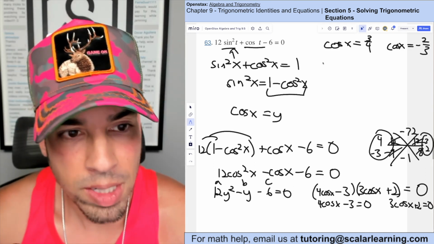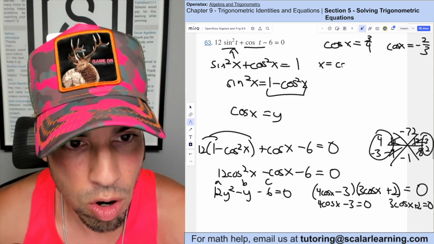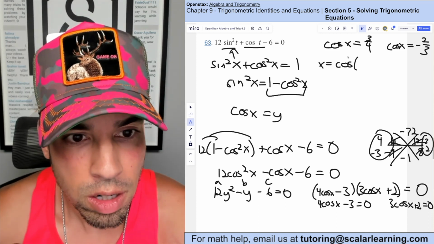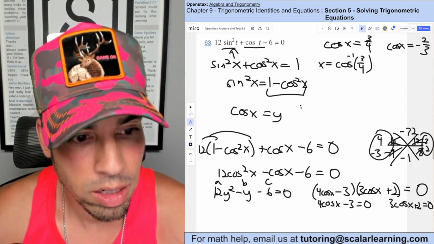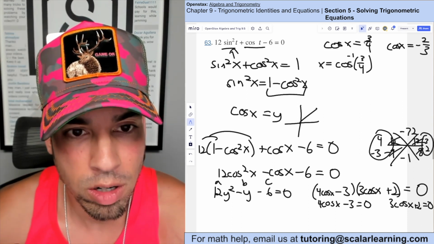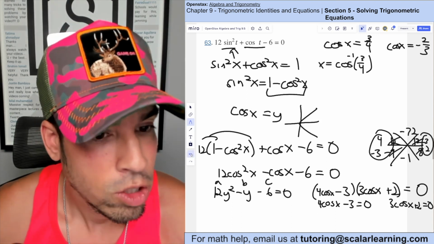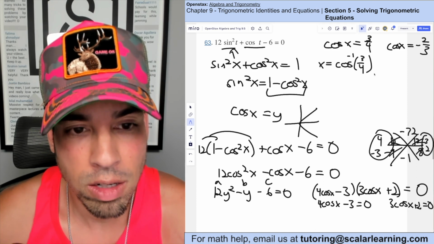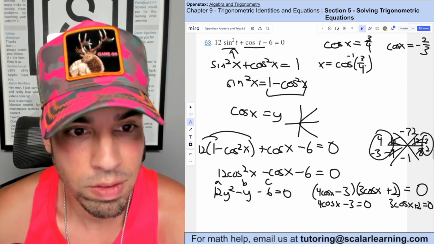So to solve this, I'm going to take arc cosine of 3/4. So x equals arc cosine of 3 over 4. But that's an answer in quadrant 1. That's where cosine is positive, of course, but cosine is also positive in quadrant 4. So we also need another angle with the same reference angle in quadrant 4 that will also give the same value.